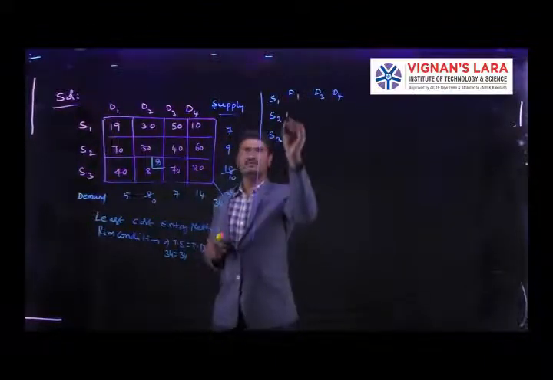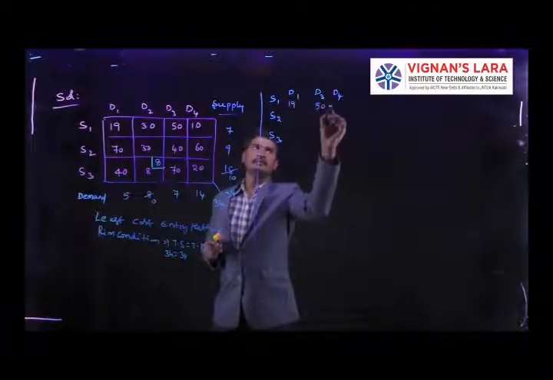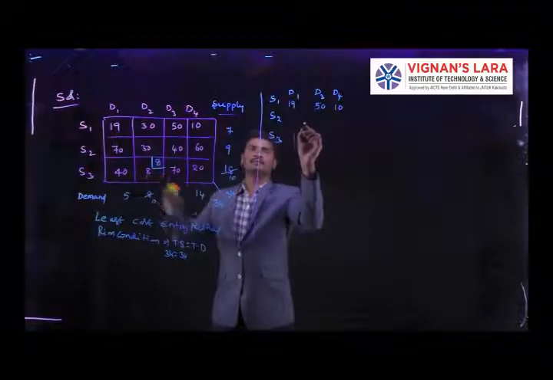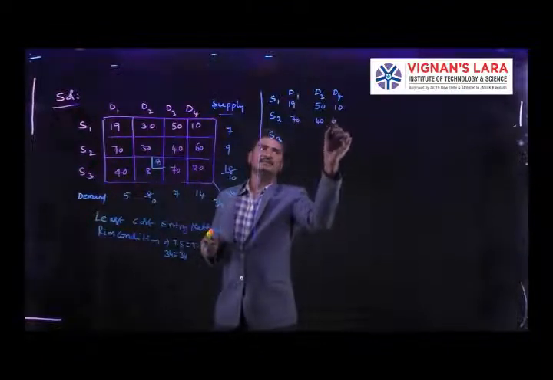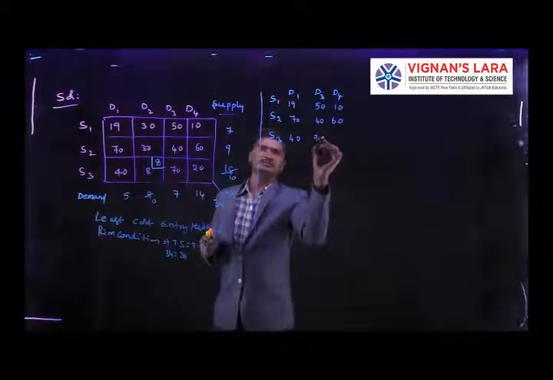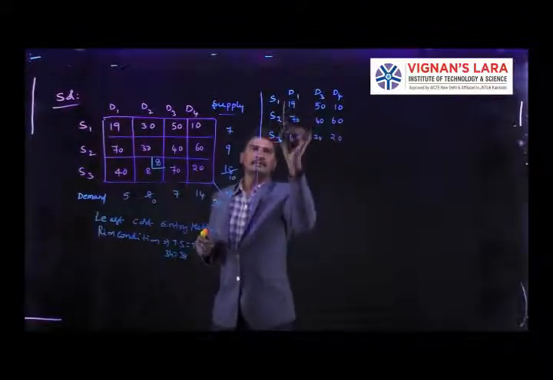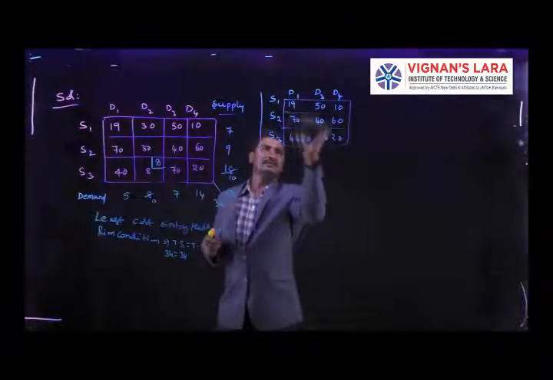Here the costs are 50, 10, next 70, 40, 60, next 40, 70, 20. These are the unit costs available after the first iteration.